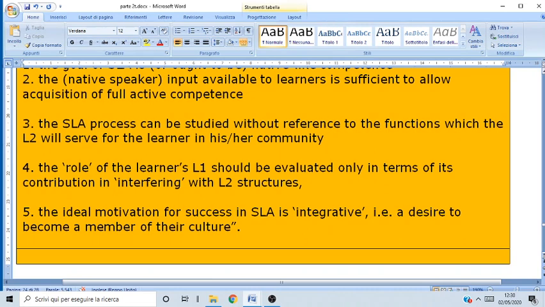Plus, the L1, the mother tongue of these people who are learning English, only matters when it's interfering with the L2 structures. Meaning, an L1 can influence, of course, your learning journey, but it's defined as interfering.